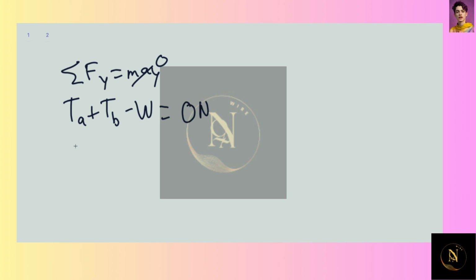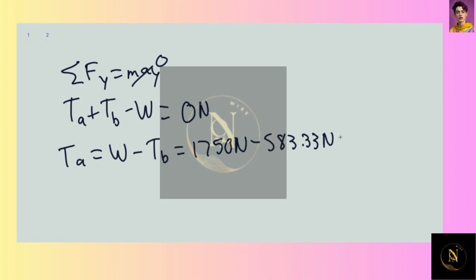Or we can say the tension in A is equal to the weight of the beam minus the tension in wire B: 1,750 newtons minus 583.33 newtons, which is 1,166.67 newtons.